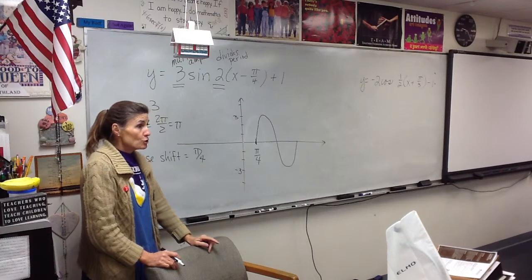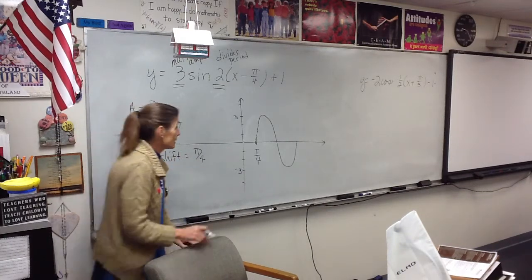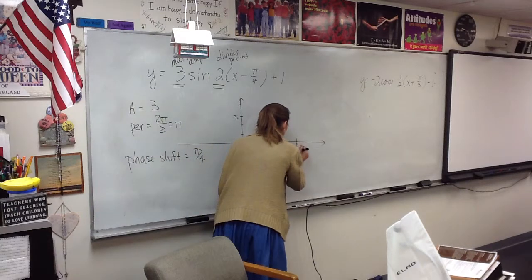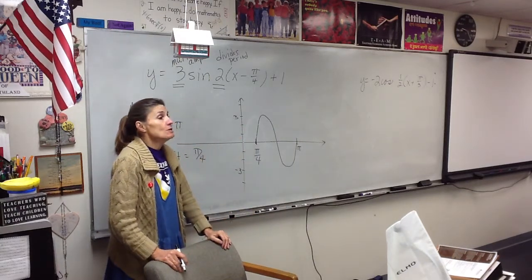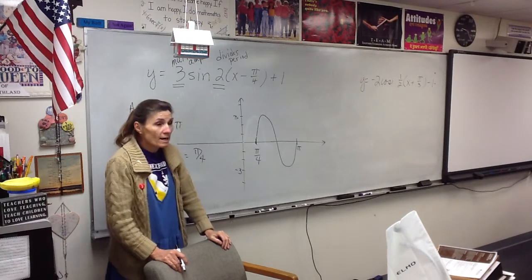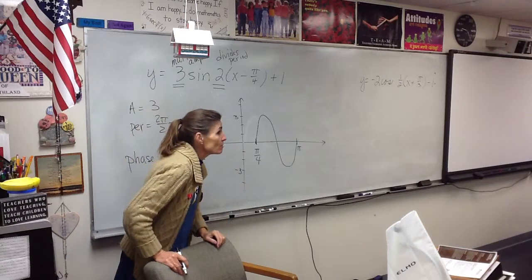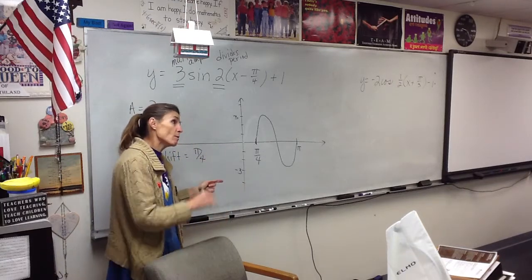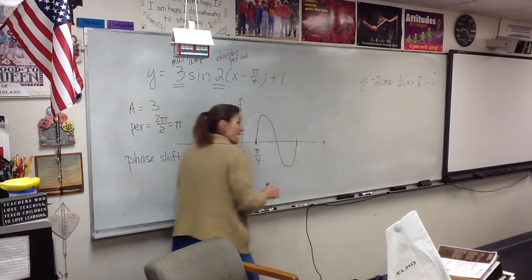Now, you told me that the period was pi. Is this label pi? No. Why not? Because it didn't start at 0. If it started at 0, it would end at pi, but it didn't start at 0. So where's it going to end?